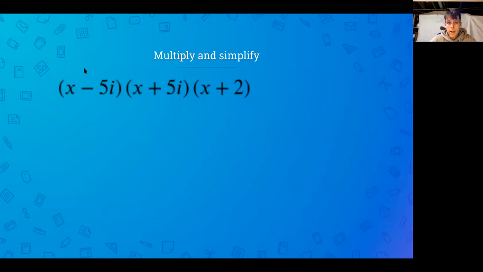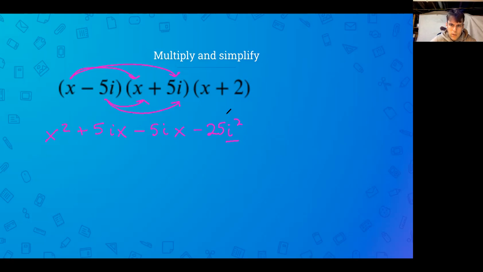So let's go ahead and multiply out this first one. We're doing x times x, x times 5i, negative 5i times x, negative 5i times 5i. All right, so that's x squared plus 5ix. Negative 5i times x is negative 5ix. And then negative 5i times 5i is going to be negative 25i to the second.